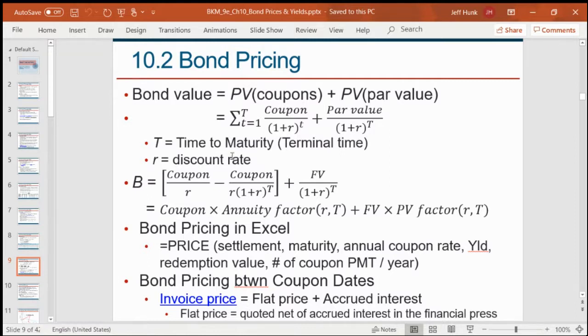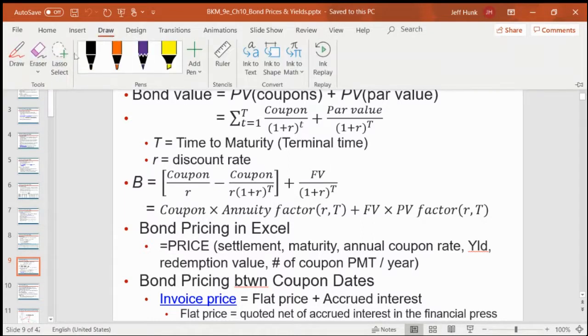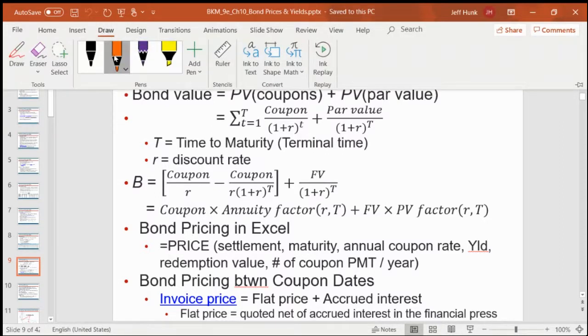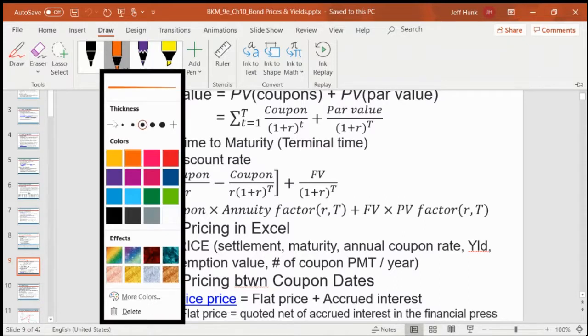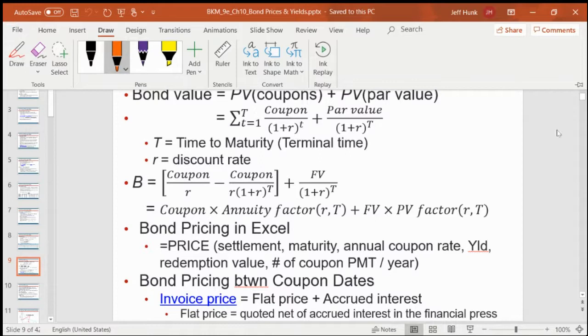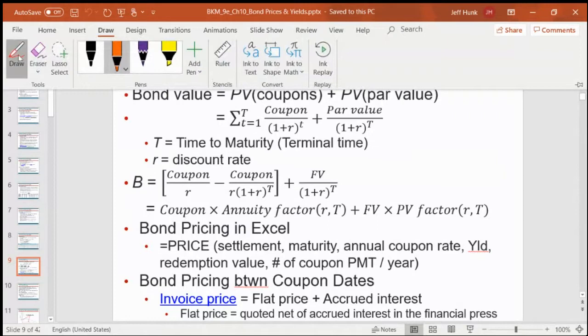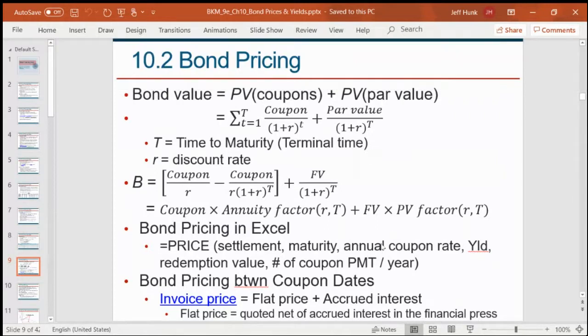Now, everyone should remember that the bond valuation formula consists of two formulas, right?